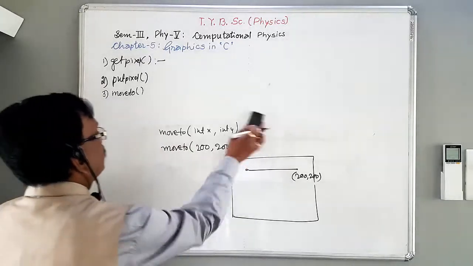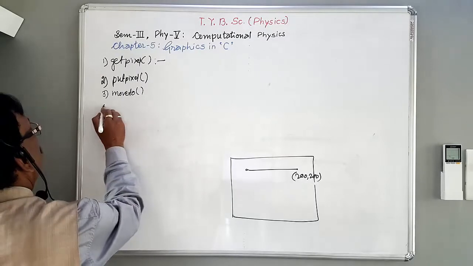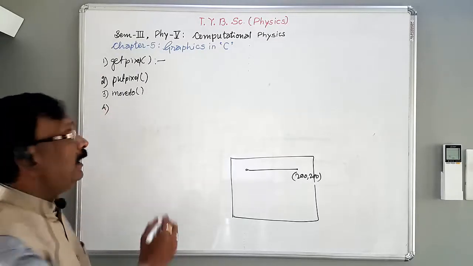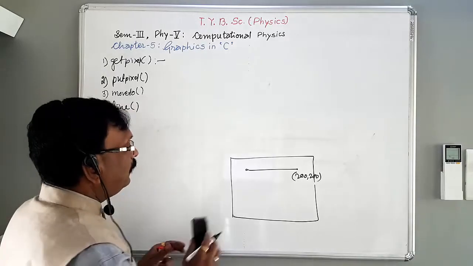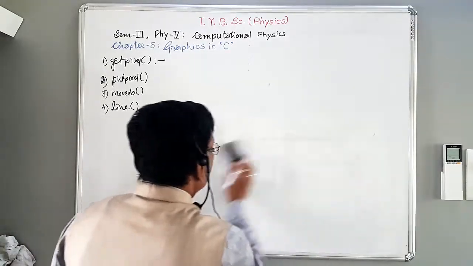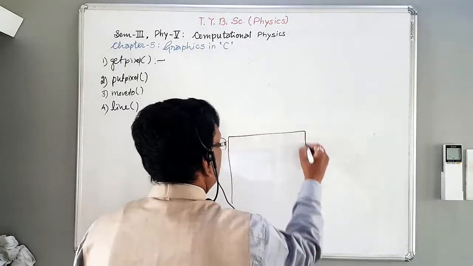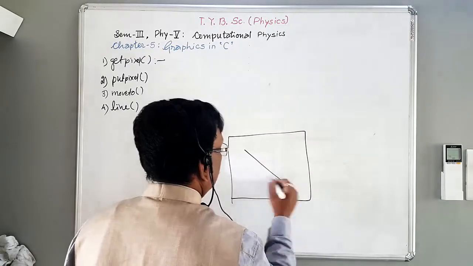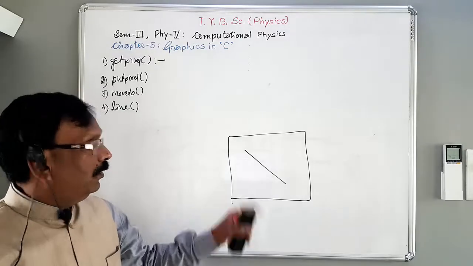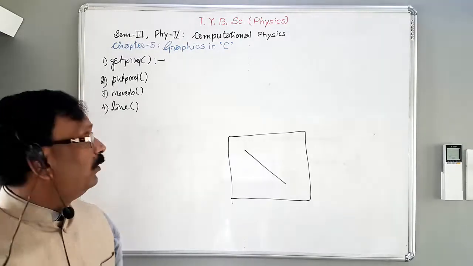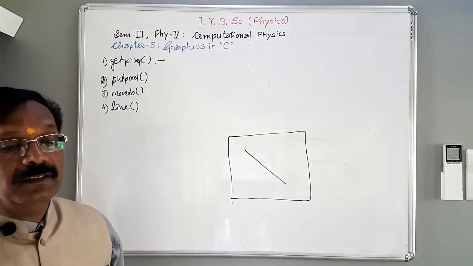Then the fourth function is simply the line function. If we want to draw a line on this computer screen, suppose we want to draw the line like this, then we have to use the line function.